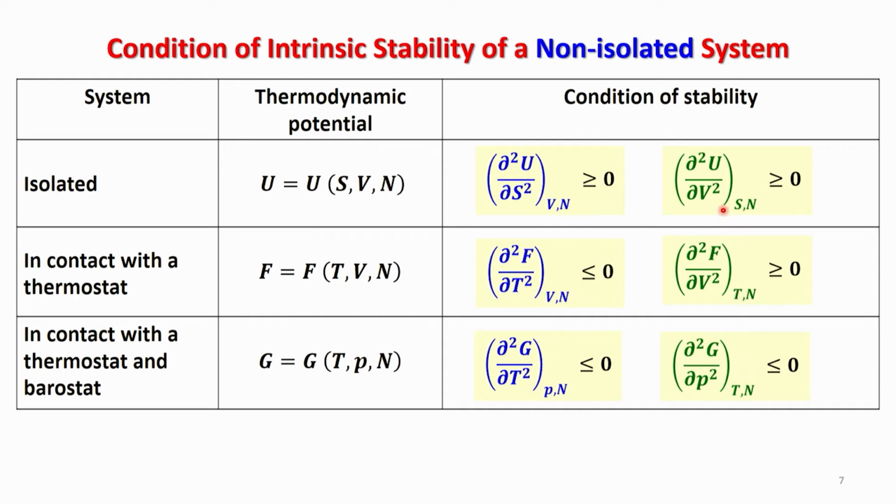I see that for all the extensive variables, the thermodynamic potentials are convex with respect to their extensive variables as far as the stability of the system is concerned.